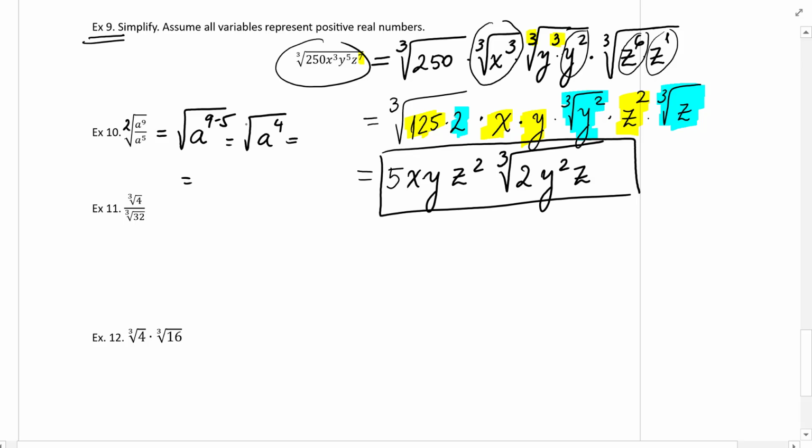And that's equal to a to the 4 over 2, which makes it a squared. And again, I'm not worried about absolute values, because this index being an even number, we should, because they said assume all variables represent positive numbers. I hope this helps.